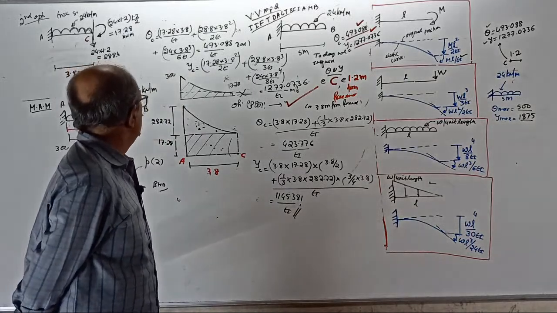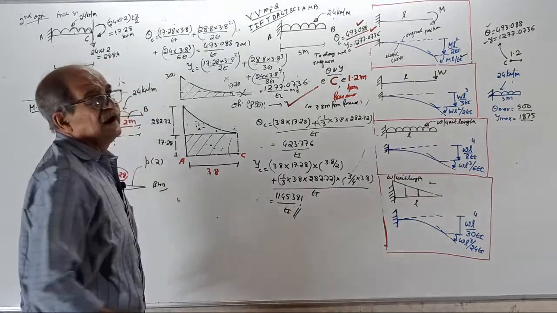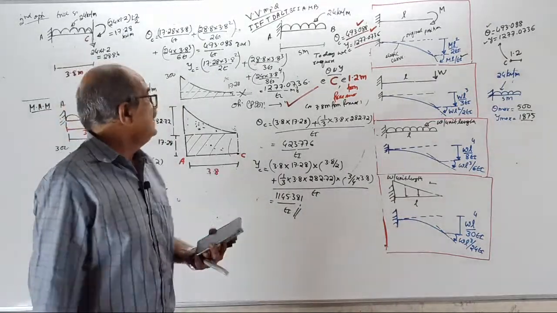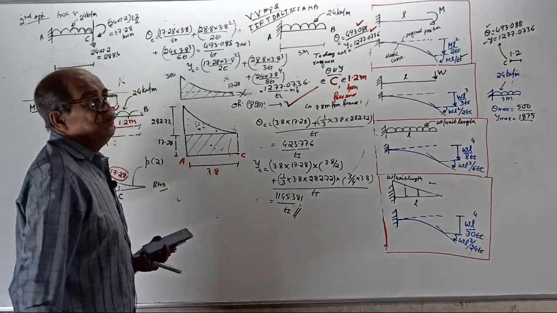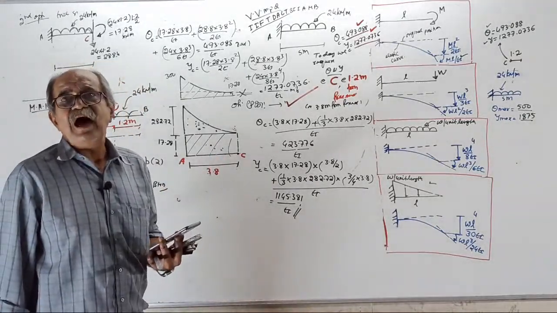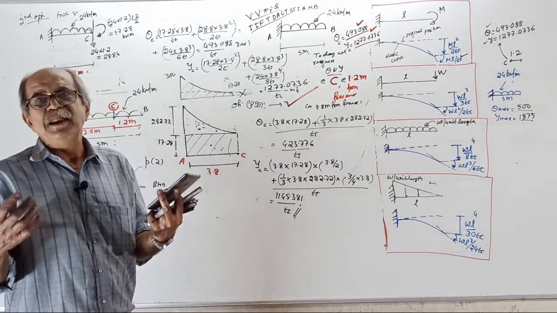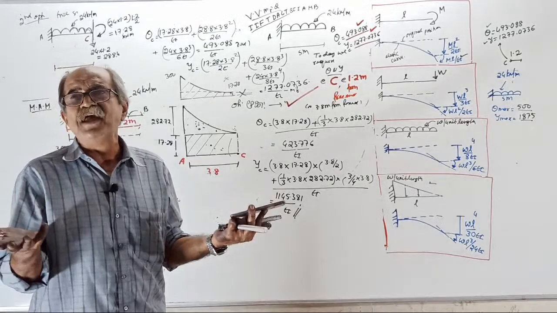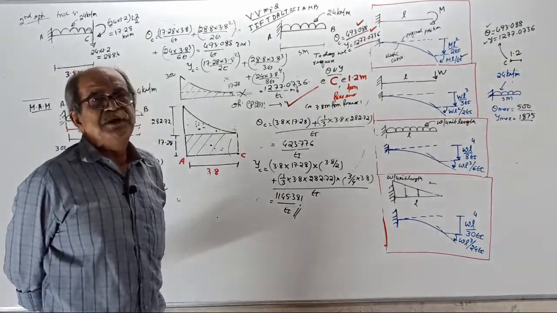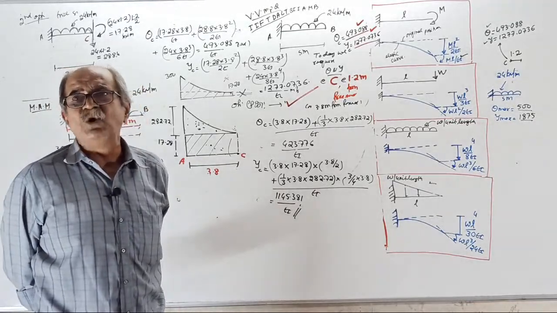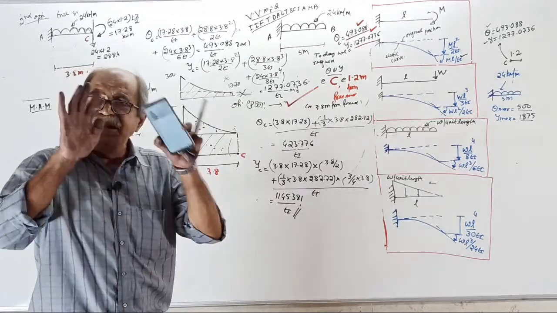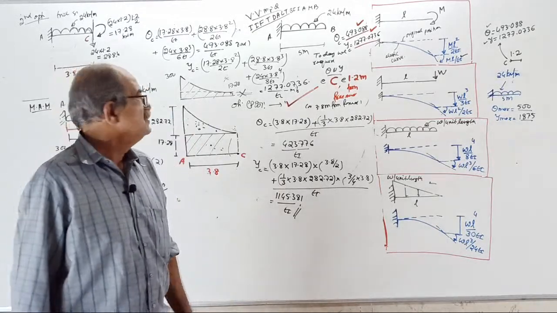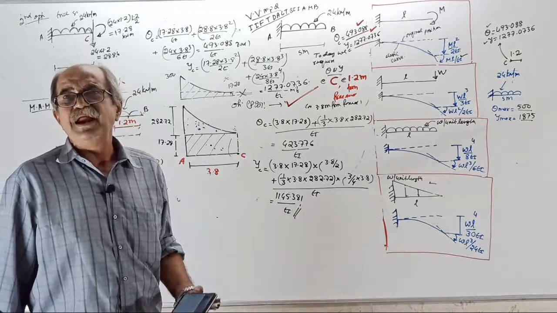Where? By moment area method or trick, there is some mistake we committed, or rather I committed. It may be deliberate or it can be a mistake because I am not knowing the concept. If it is a mistake because I am not knowing the concept, that is the end of me in the teaching field. So it should be deliberate.